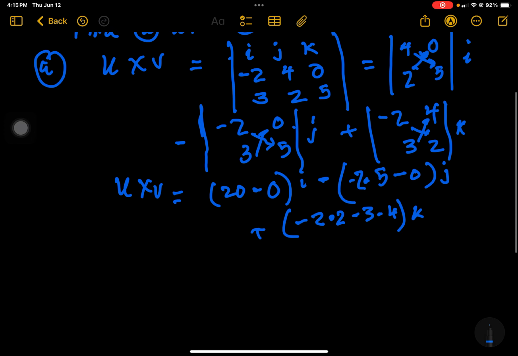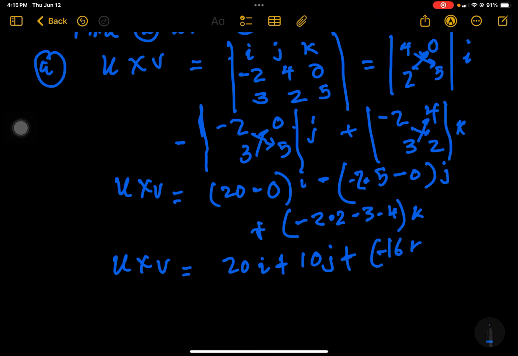Okay, so now I will simplify u cross v, which is equal to 20 minus 0 is 20i, minus 10 makes it a plus, plus 2 times 5 is 10j, and then plus k is minus 4 minus 12, that is minus 16k.